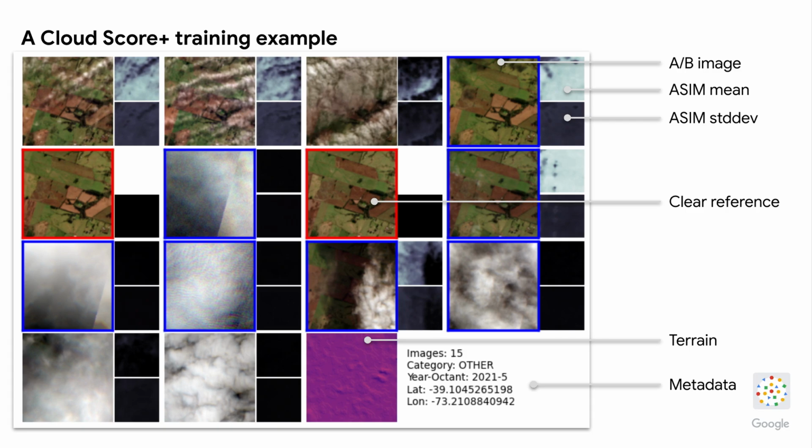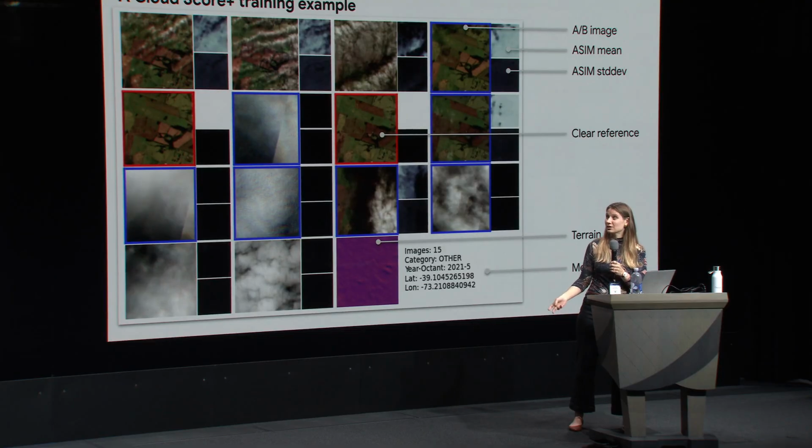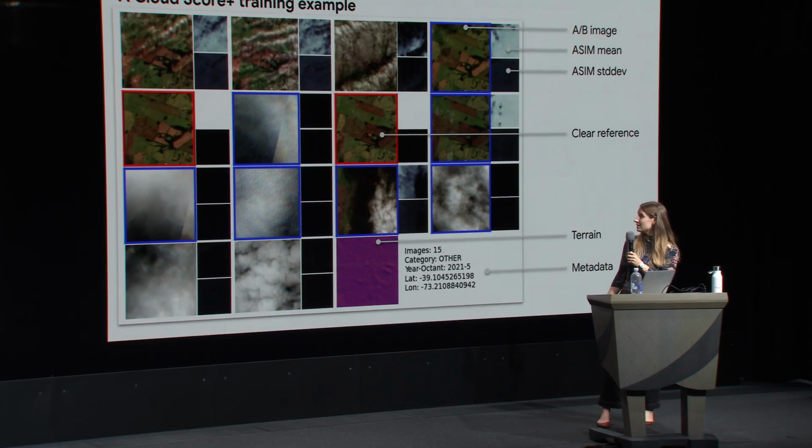Well, going back to the beginning example, that helps me determine whether or not something is different relative to this clear reference image. And then we also take a set of additional images. Here they're shown in blue boxes, but these are images that we want to use for grading, and we calculate the ASIM scores. You can see them kind of to the side and the right of each.